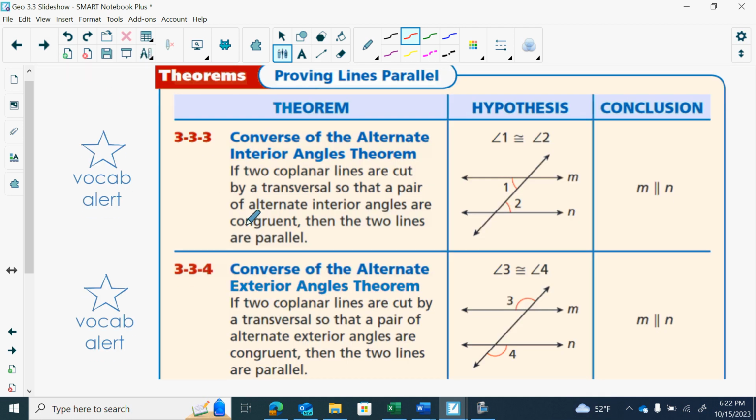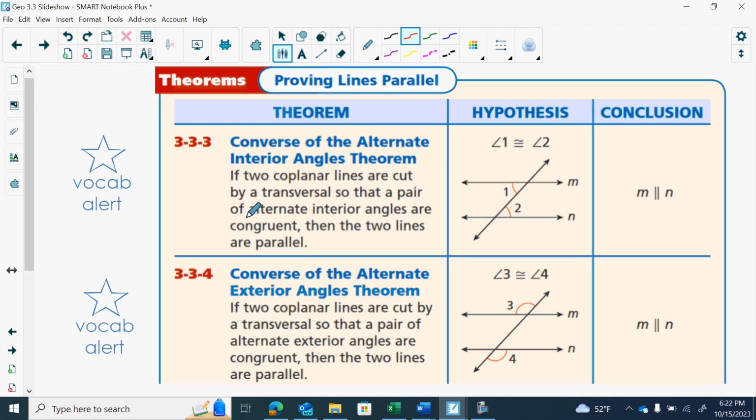So now let's talk about some other theorems that we're going to use for proving parallel lines. First theorem, converse of the alternate interior angles theorem. If two coplanar lines are cut by a transversal so that the pair of alternate interior angles are congruent, then the two lines are parallel.